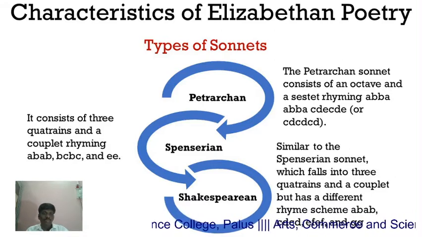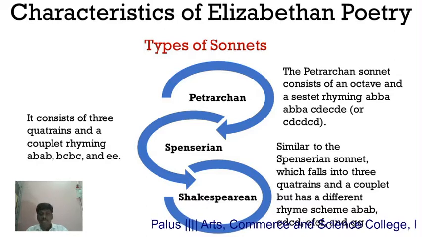The rhyme is ABAB BCBC CDCD and EE. So three quatrains of 4 lines and then a couplet of 2 lines. So this is a Spenserian sonnet.